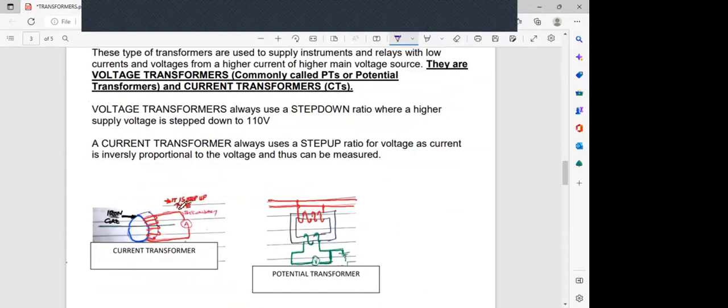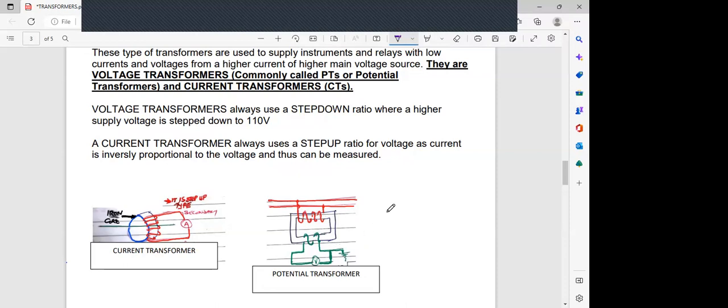Okay. So your voltage transformers are always used as a step down, as you can see, where a higher supply voltage is stepped down to 110 volts, 220 volts. If you are having 440 volts to 440 volts, then it does not need to be stepped down.